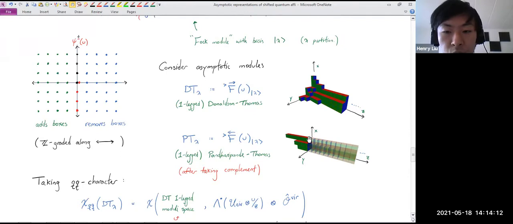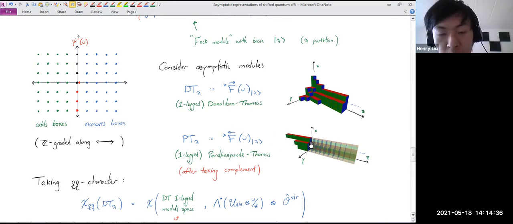Put in other words, if you take slices moving in the negative direction and look at the complement of these boxes I've drawn, you might have something like empty, empty, empty, empty, and then maybe you introduce one box, and then a larger partition, a larger partition, a larger partition, and so on. That's the empty space here.